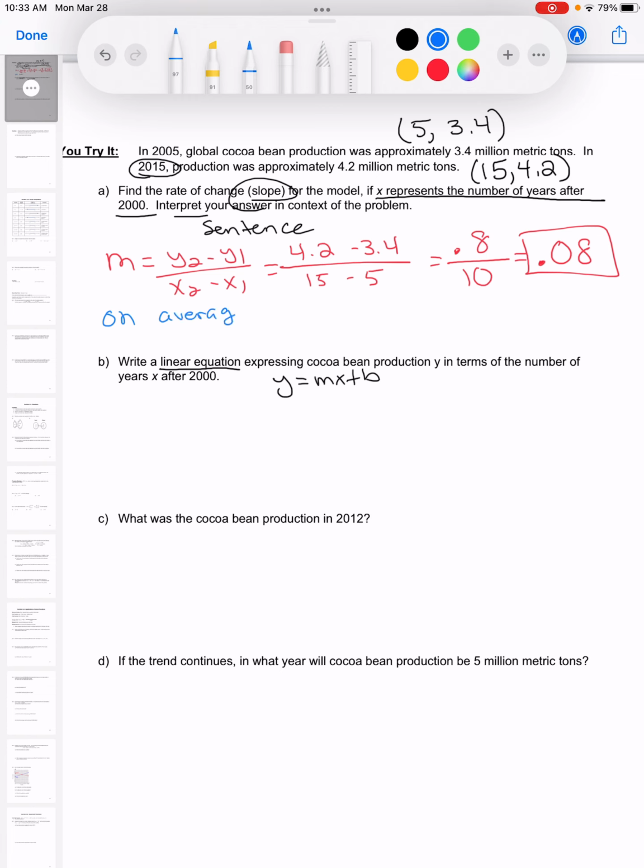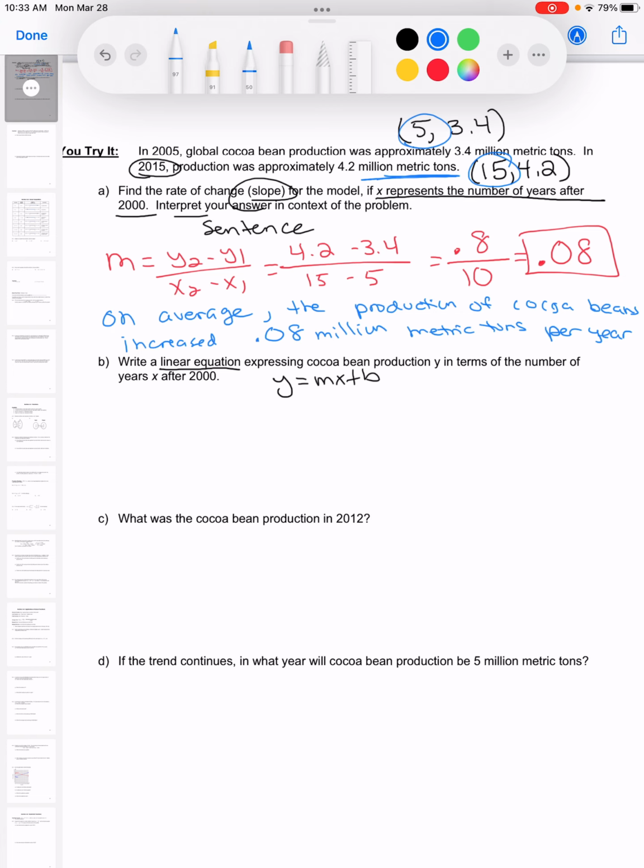I'm going to start with "on average" because it is that average rate of change like we talked about in a previous video. So on average, the production of our beans increased 0.08, and we are measuring in million metric tons per year, because my X values down here were years.